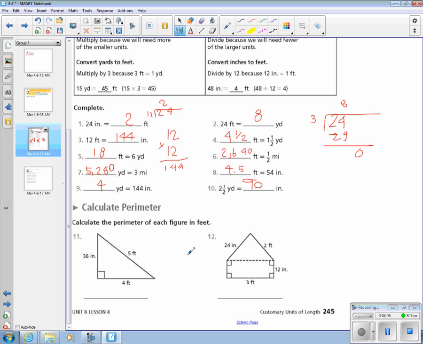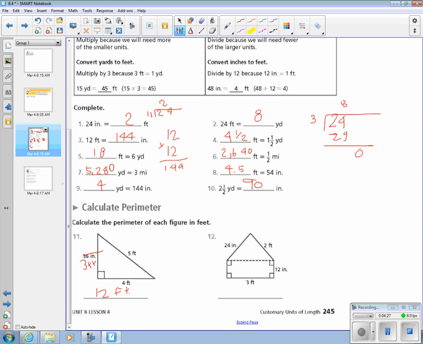There are 12 inches in a foot, so this will turn into 3 feet. And then we just add them all up. 3 plus 5 plus 4 is 12 feet. Super easy peasy lemon squeezy.